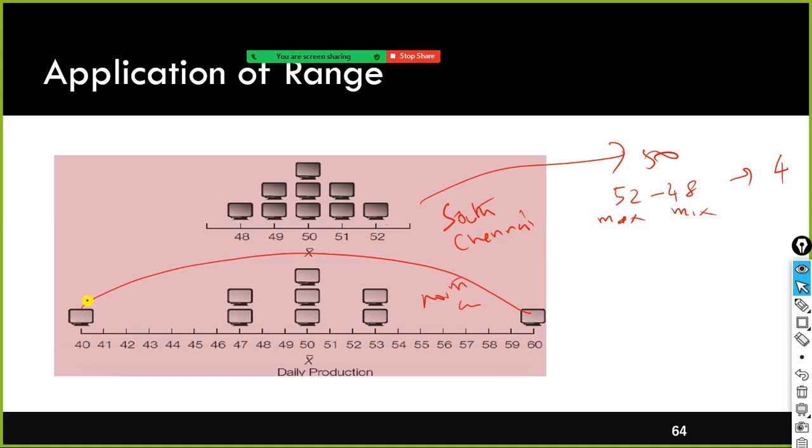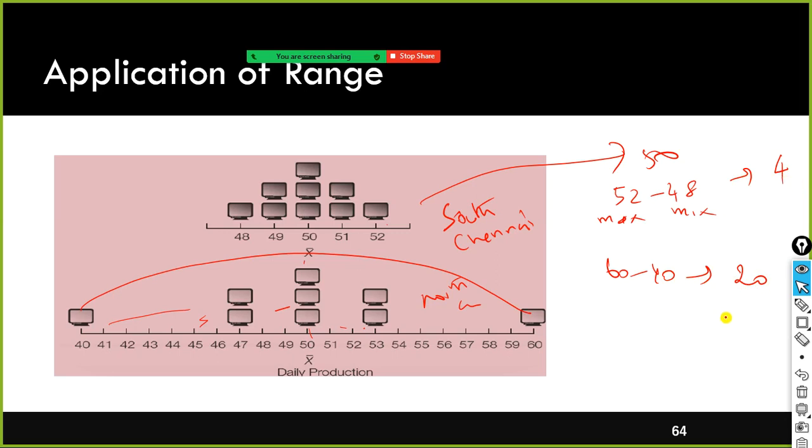Some days they manufacture TVs, some days they don't. There is no productivity. They are idle, and suddenly they are manufacturing something. So in this case, 60 minus 40, the width of the data is 20. Here the width of the data is 4 only.